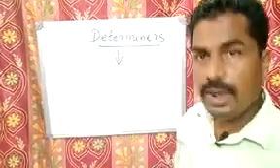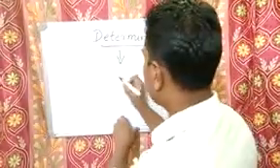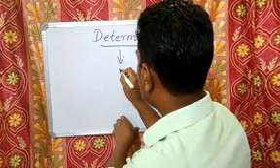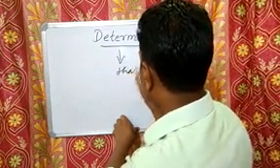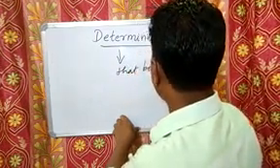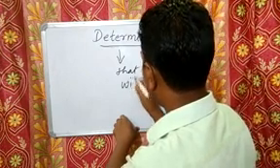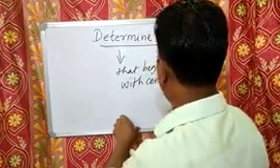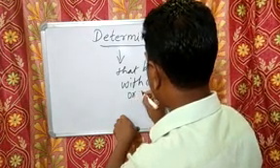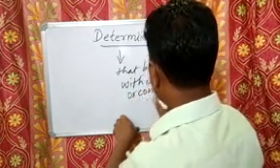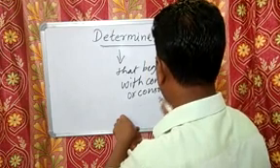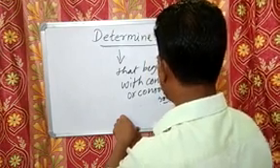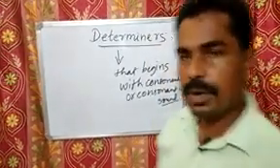We have to use a with nouns that begin with a consonant sound. You have to see the starting of that particular noun.